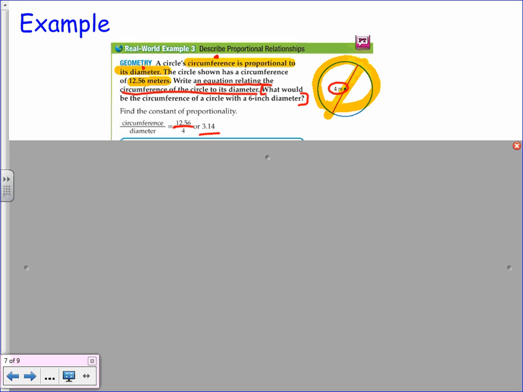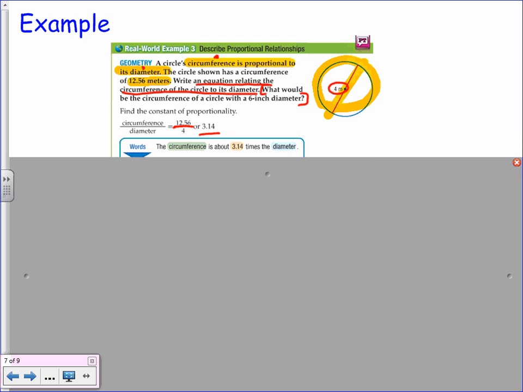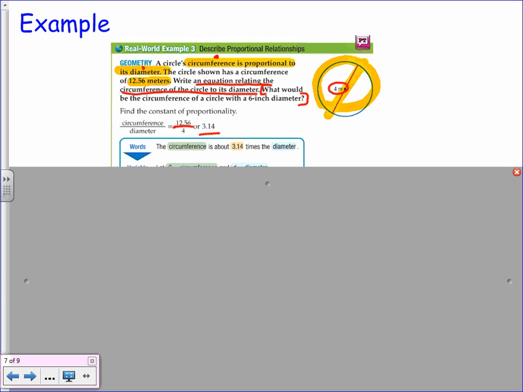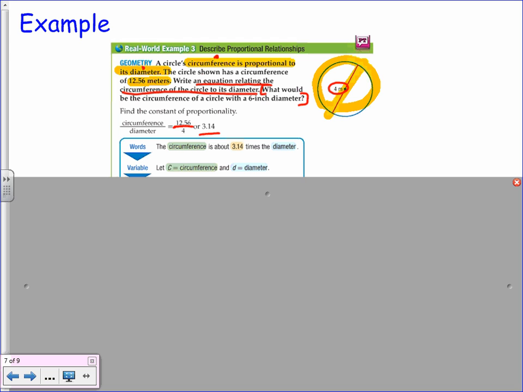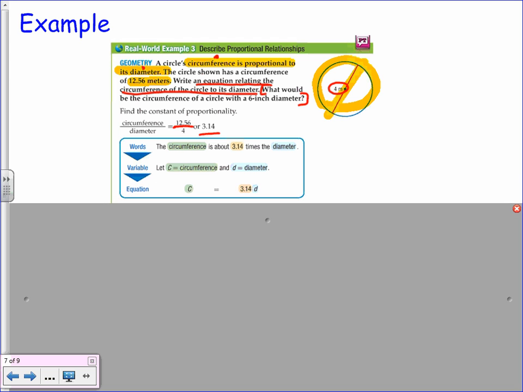Divide that in your calculator, you get 3.14. Okay, so now we're going to set up our equation, knowing our constant of proportionality. So it says the circumference is about 3.14 times the diameter. So you could set it up, C is the circumference and D is the diameter. So C is going to equal 3.14D.